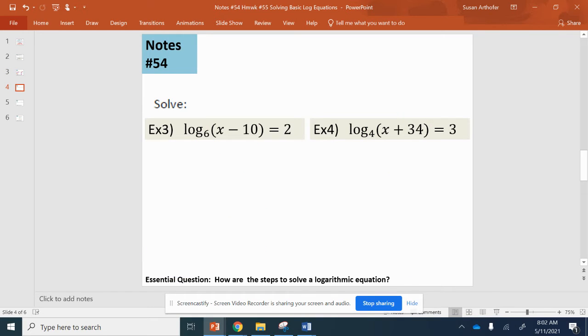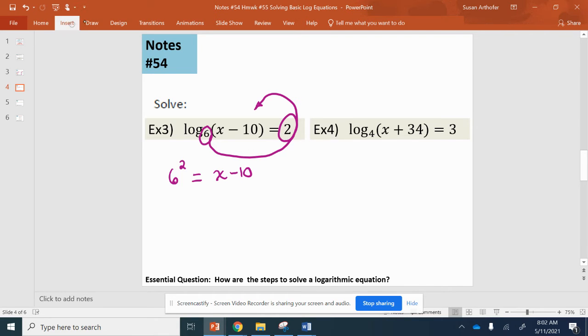Okay, please write down these 2 examples. I need you to hit pause. Okay, here we go. So we're going to go ahead and loop it. 6 to the second equals x minus 10.